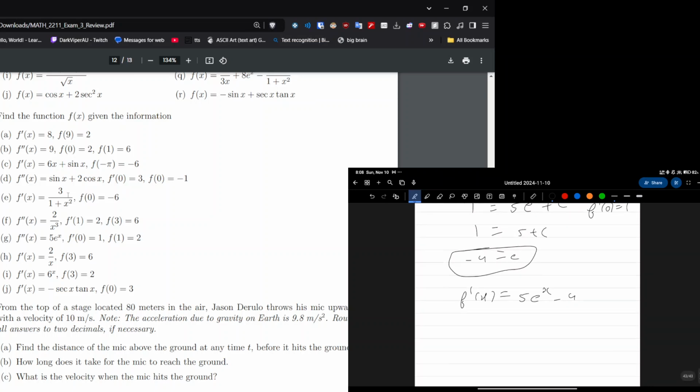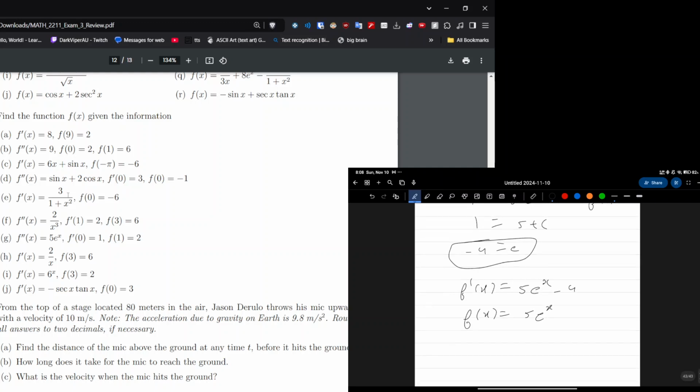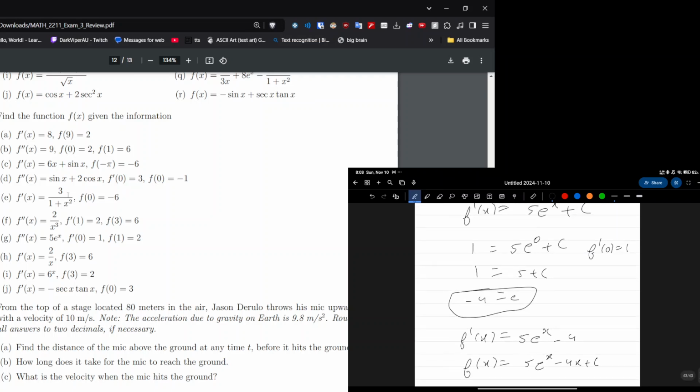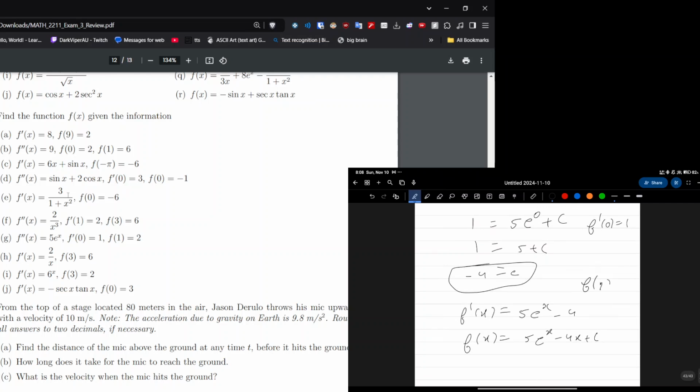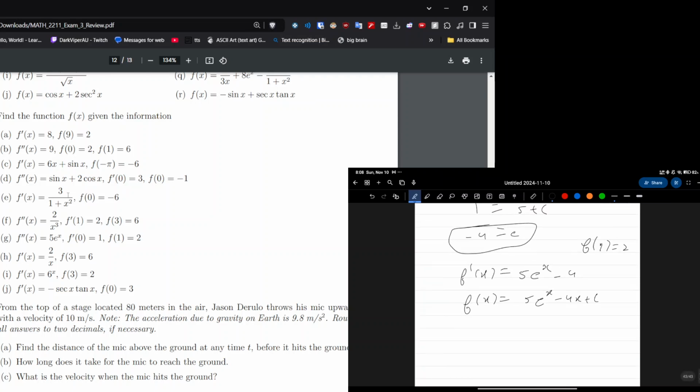Let's take an antiderivative again. So f of x equals 5e to the power x, because the exponential stays the same, minus 4x plus c. Alright, I've also been given that f of 1 equals 2. So 2 equals 5e to the power of 1 minus 4 times 1 plus c.